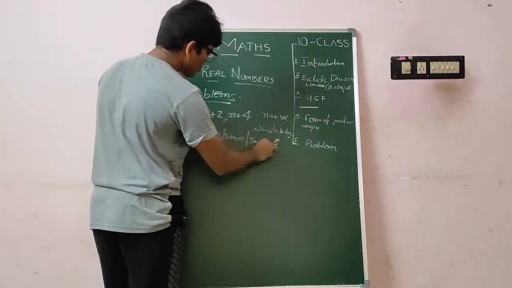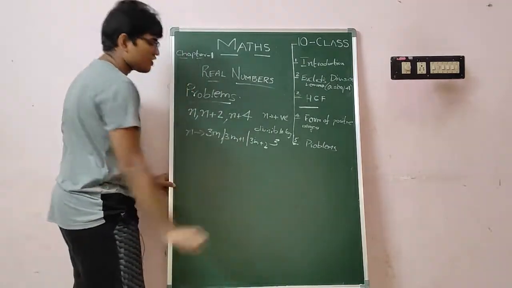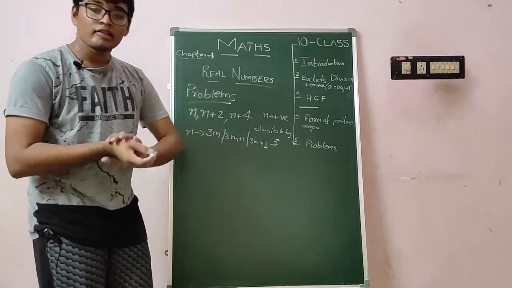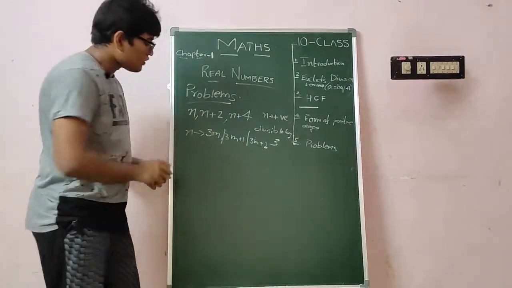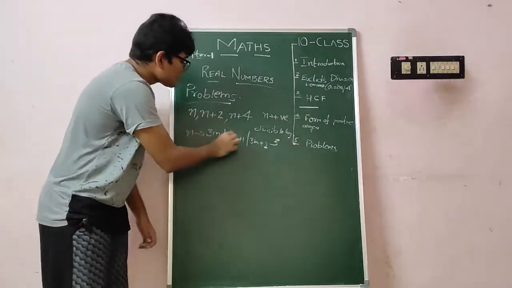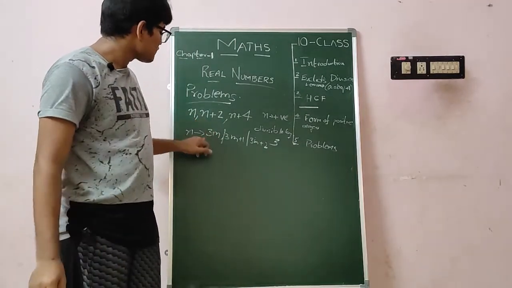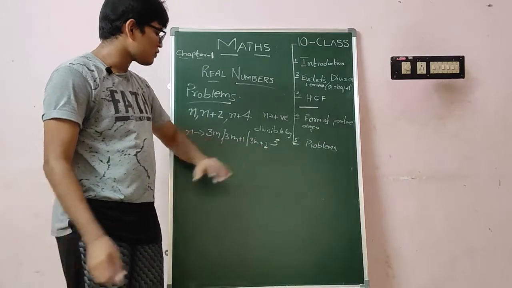We need to do the whole problem with all these three numbers, because here we know 3m is divisible by 3, and when you add all these we will get to know easily which is divisible by 3. So we took n as 3m or 3m plus 1 or 3m plus 2.